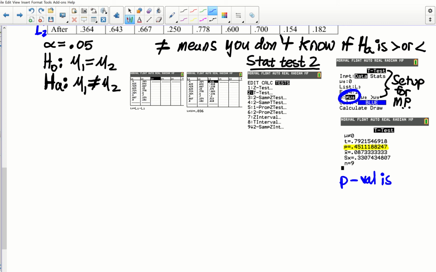And mu has to be 0, and it also has to be 0. What has to be zero? Mu. So those would be the two easier fixes. If it's not one of those, then unfortunately it means you have to go back into L1 and L2. Oh, I got it. Okay.